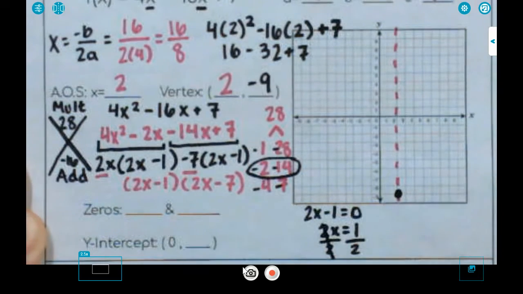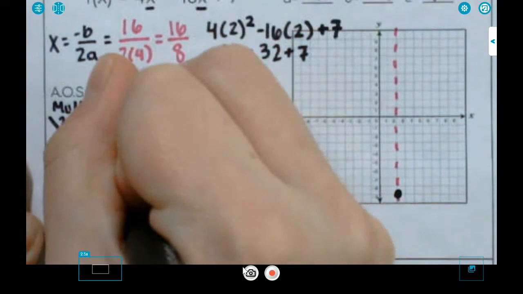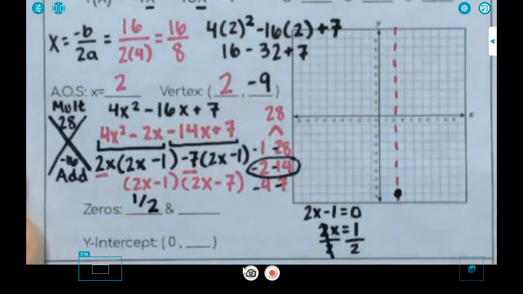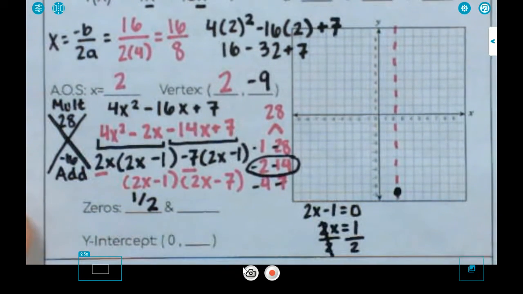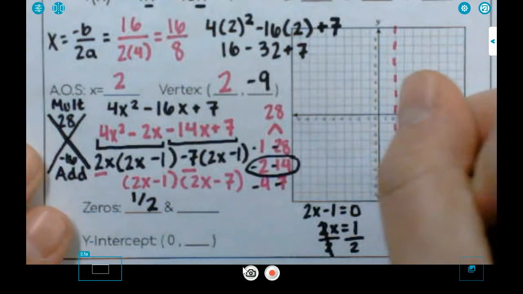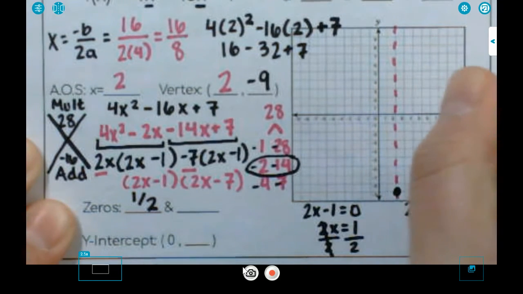If you guys remember back in 7.4 when we got fractions, that's going to happen again today. So my x is 1/2 is my first one. My other 0, I'm going to set 2x minus 7 equal to 0.